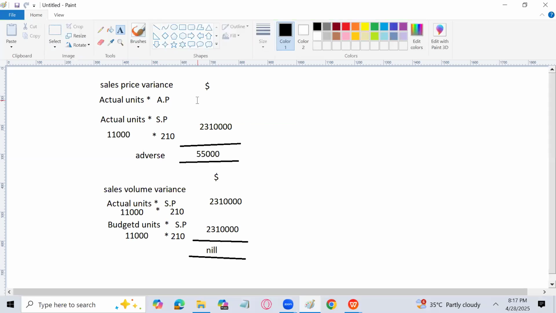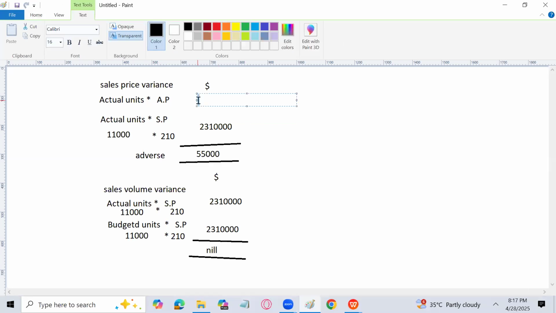So you will subtract 2,310,000 minus 55,000. How much will it come? 2,255,000. Okay, so I will write here 2,255,000 and divide it by the actual units, because actual units are the same, 11,000.